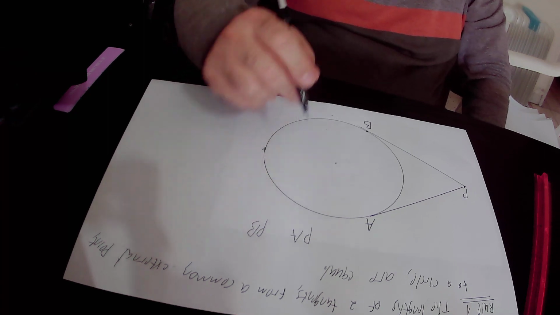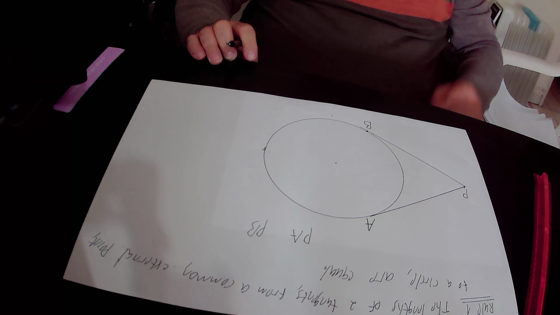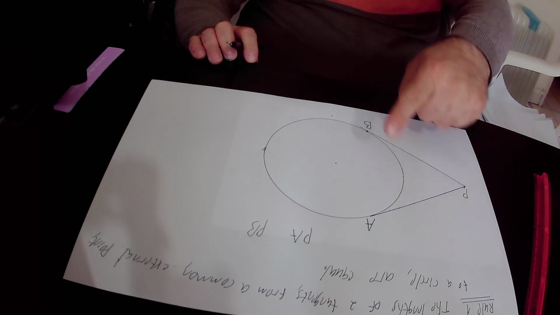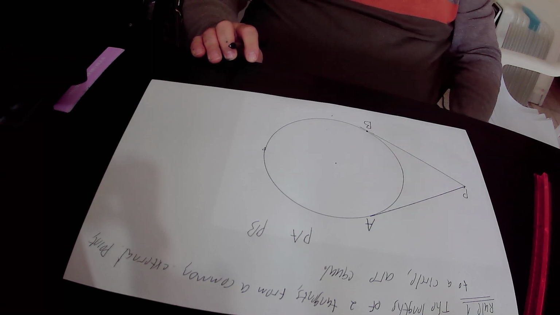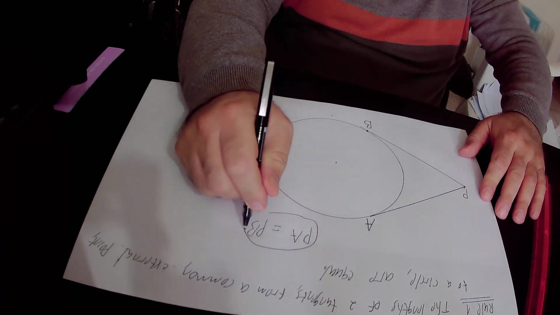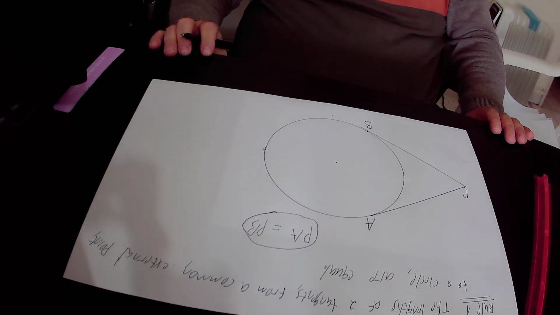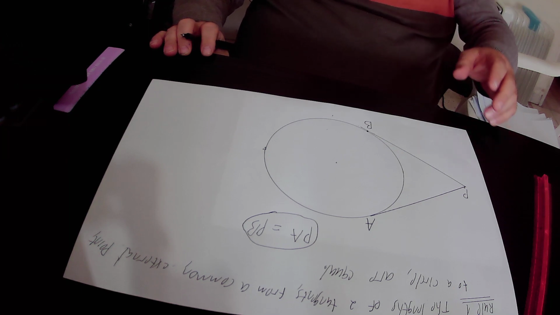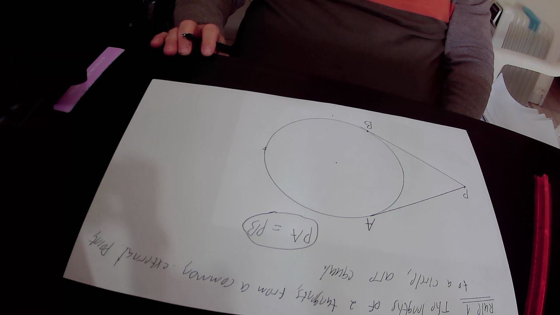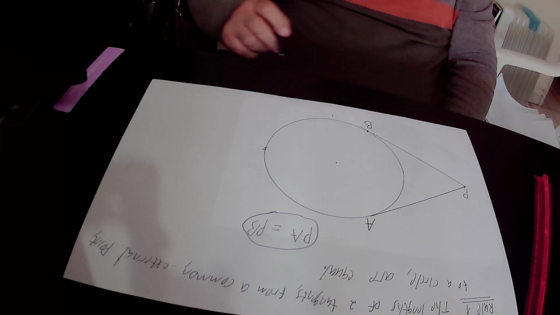And according to rule number 1, the lengths of two tangents from a common external point, the common external point is point P, to a circle, at points A and B, are equal. That is to say, PA is equal to PB according to rule number 1. So whenever you draw two tangents to a circle from a common external point of that circle, then the lengths of those two tangents will be equal to each other. In this case, PA equals PB.